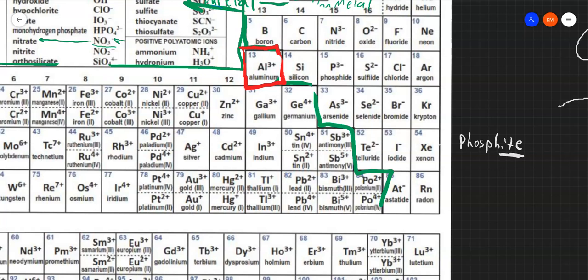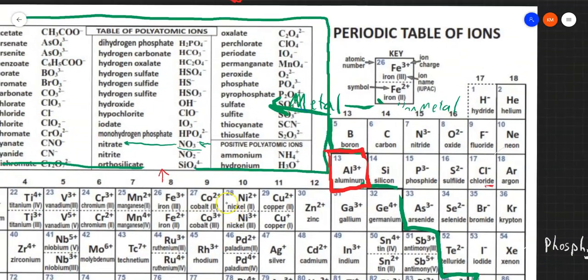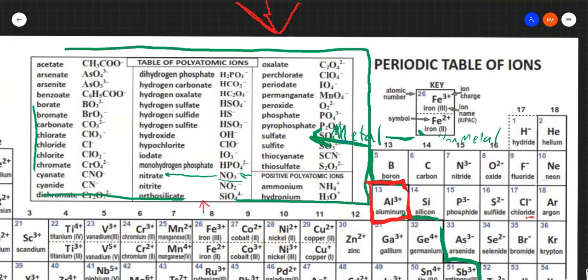This ITE tells me it's probably polyatomic because everything over here ends in IDE. So I'm going to look in my polyatomic ion box here.